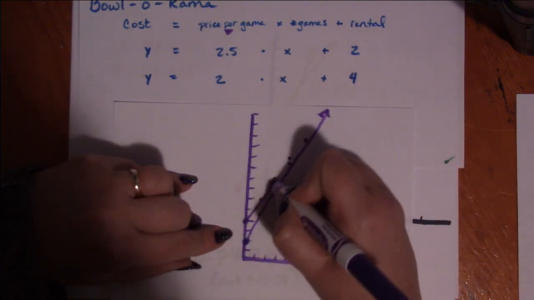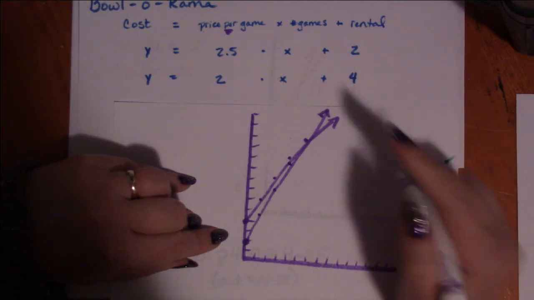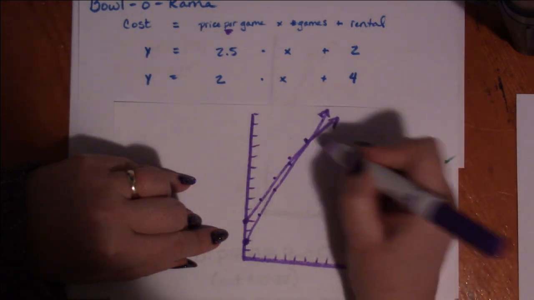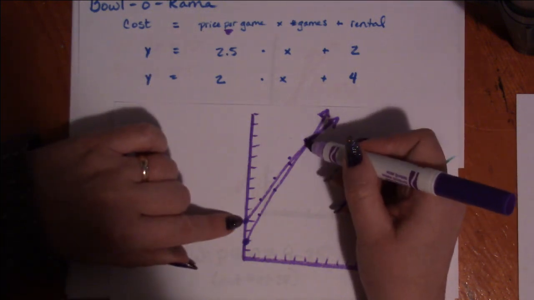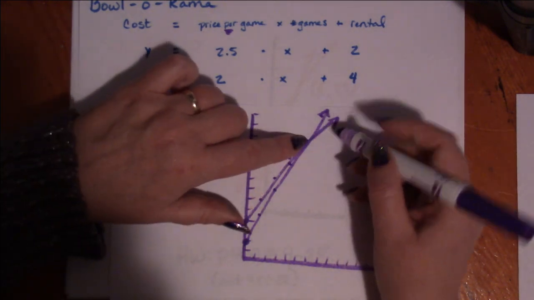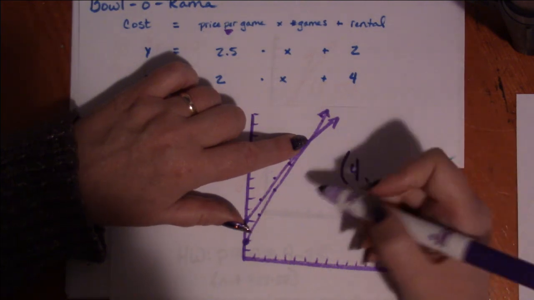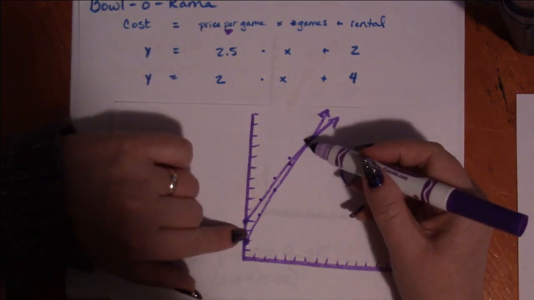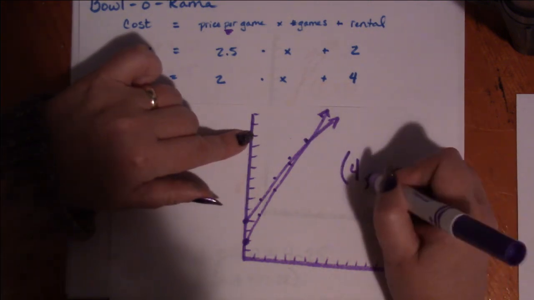Let's see, and this is where graph paper would be really awesome because I'm just not sure where this crosses this line. So let's guess that it crosses 4 over and 12 up.